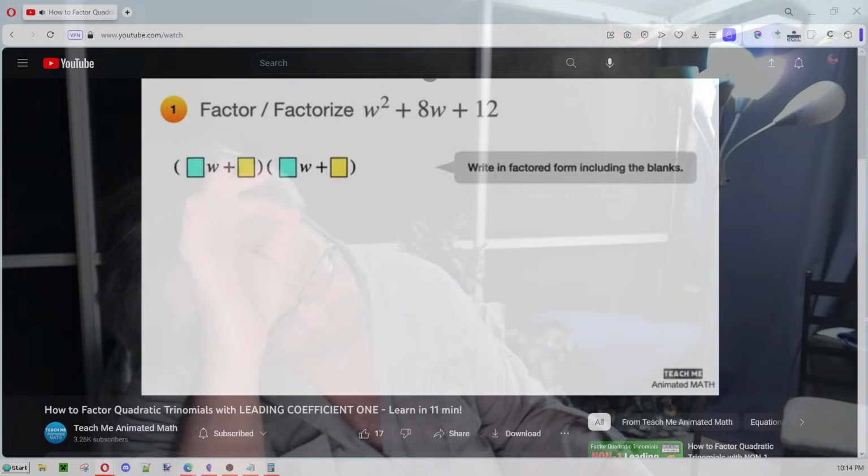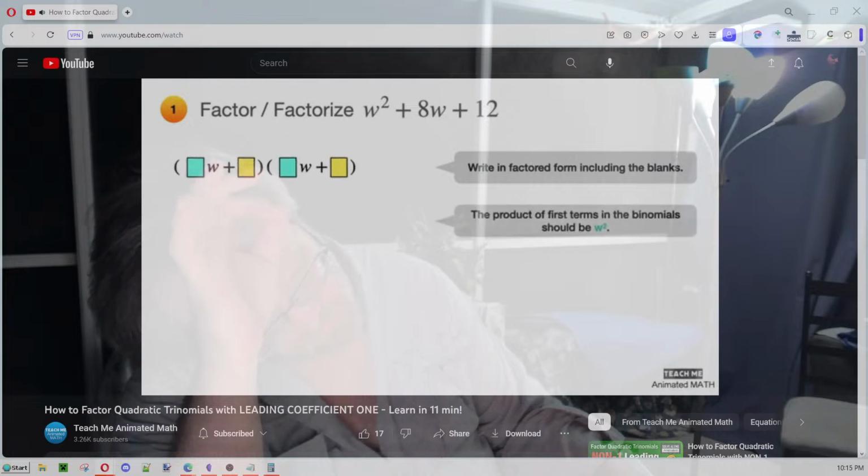Write the trinomial in factored form and include the blanks that we'll fill out later on. There are 2 signed blanks for the coefficients and 2 yellow blanks for the constants. The product of the first terms in the binomials should be equal to x squared, which means that its coefficient is just the integer 1.